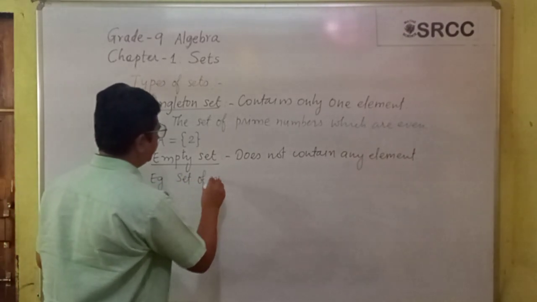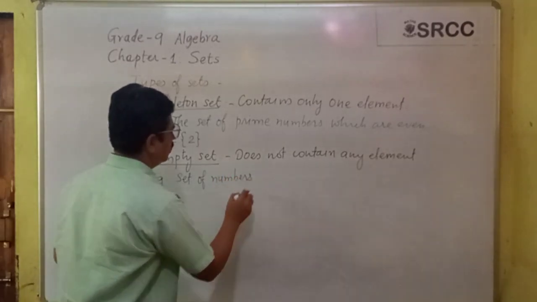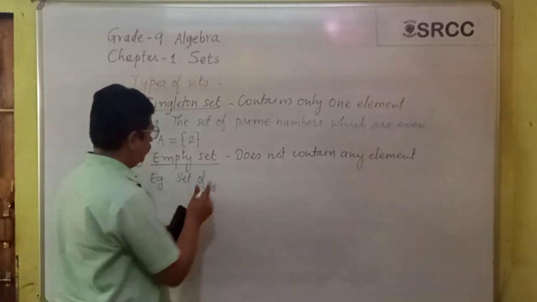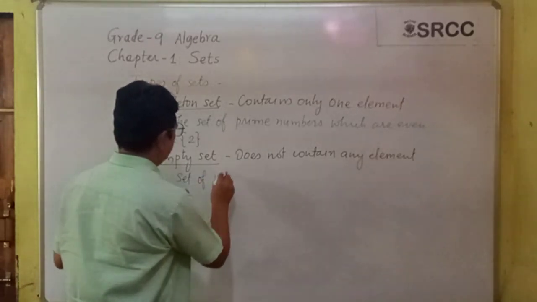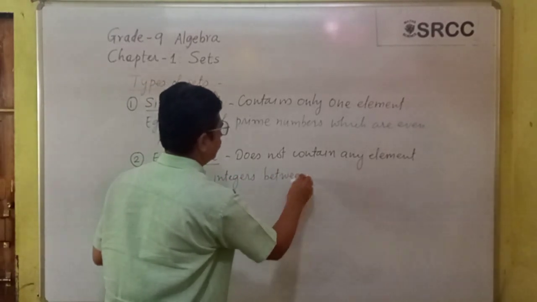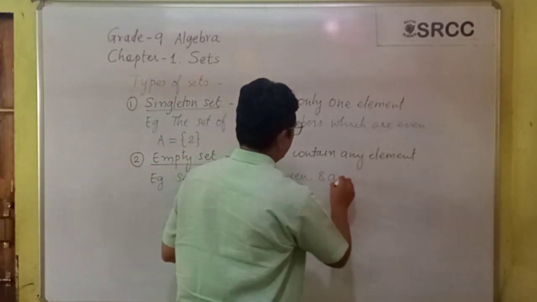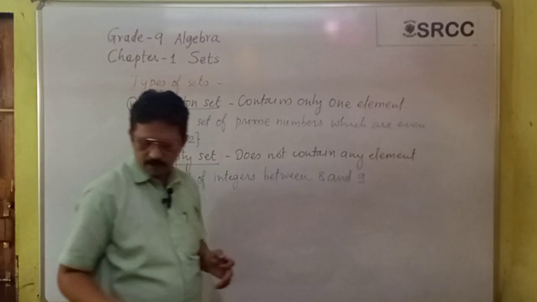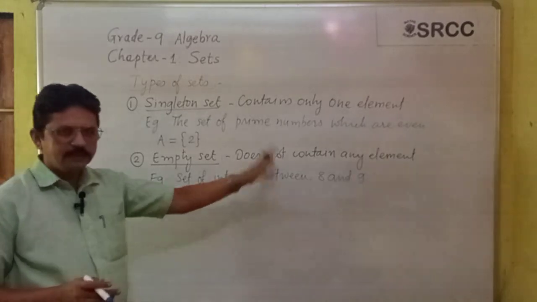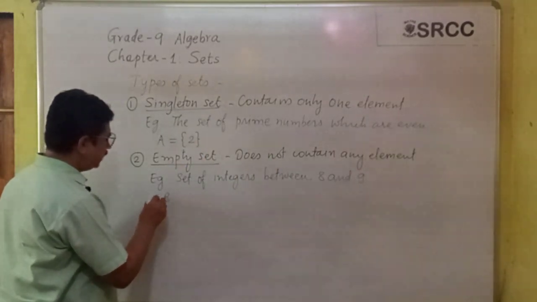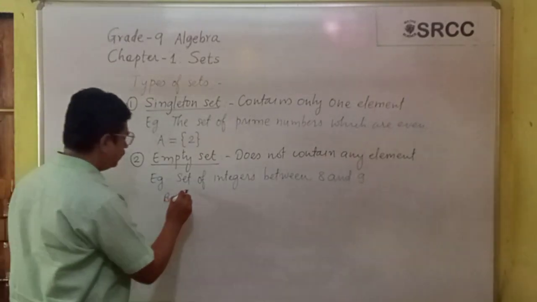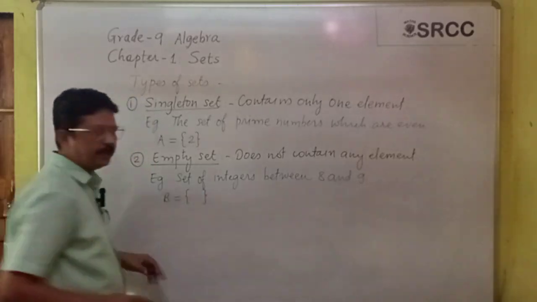Set of integers between 8 and 9. We all know between 8 and 9 there is no integer. If we represent that set by using the letter B, then the set B does not contain any element.